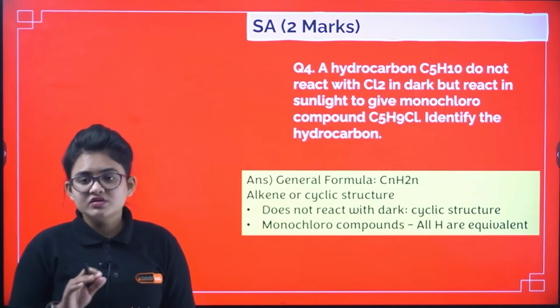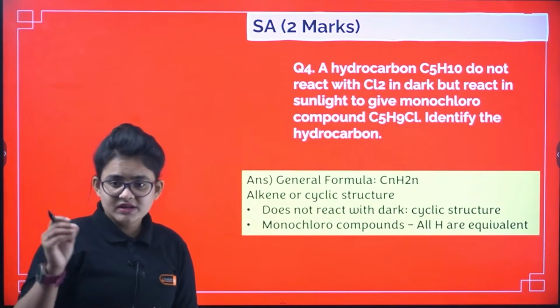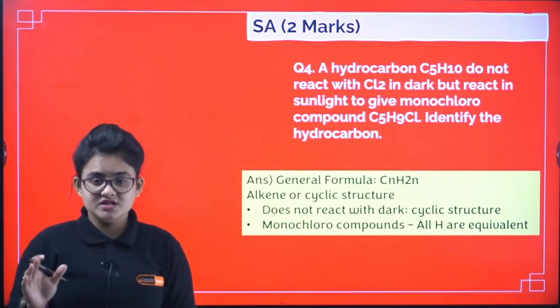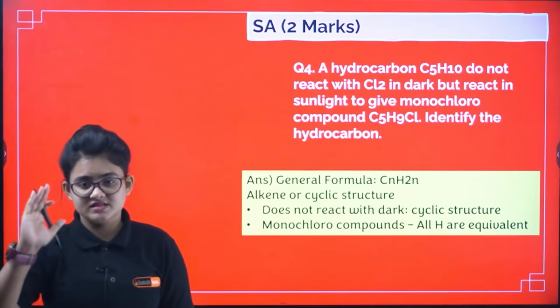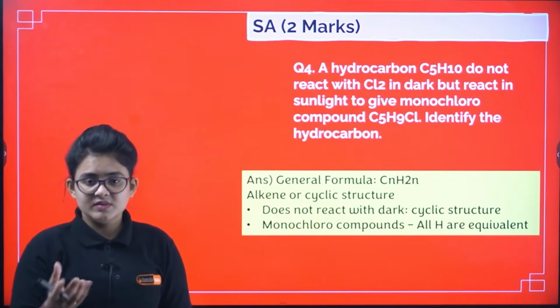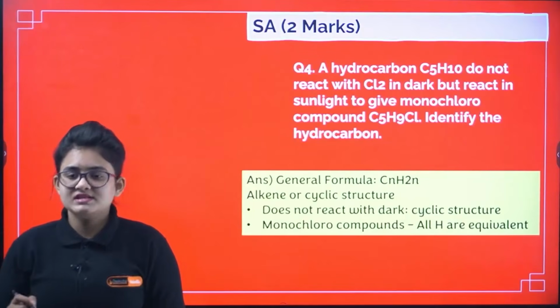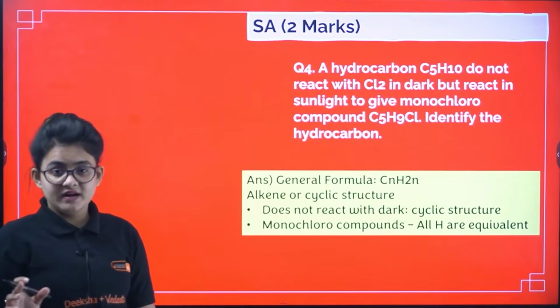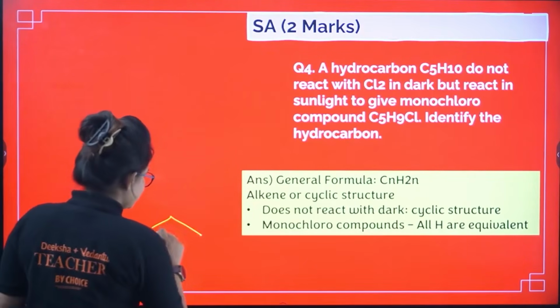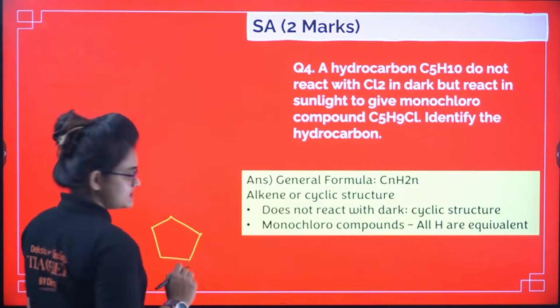Since it does not react in dark, it is a cyclic structure, not a double bond. The monochloro compound shows that all hydrogens are equivalent, so the compound must be something like this.